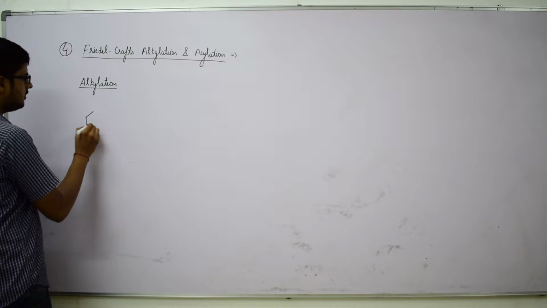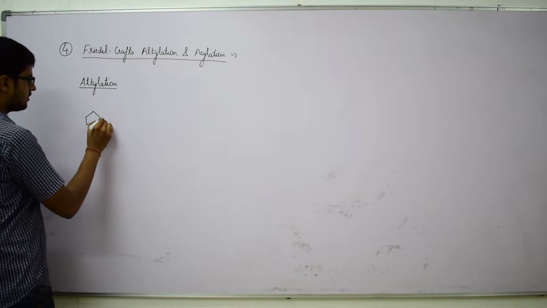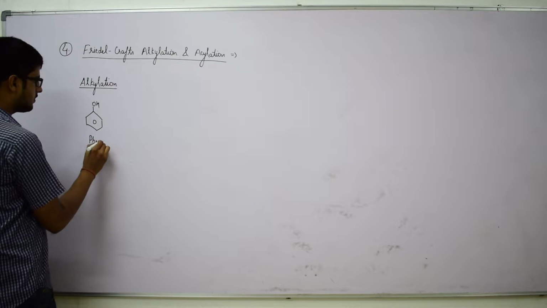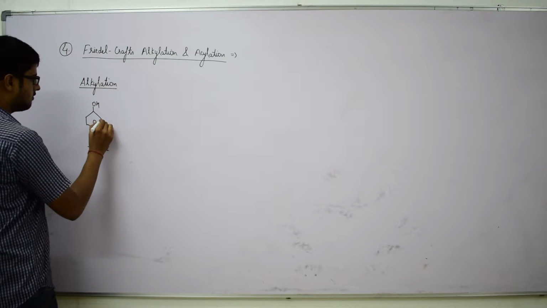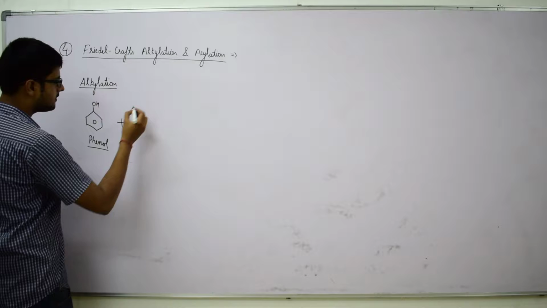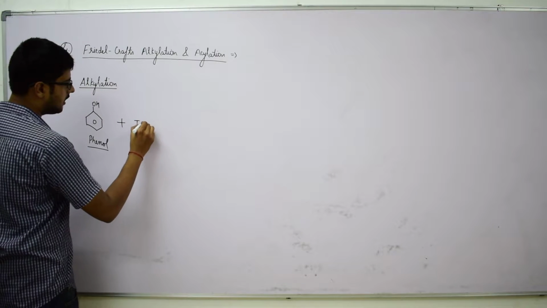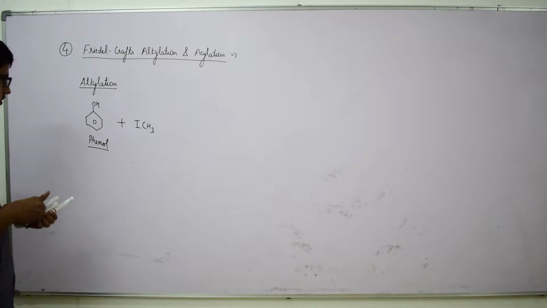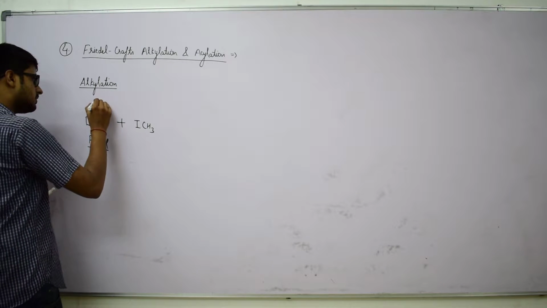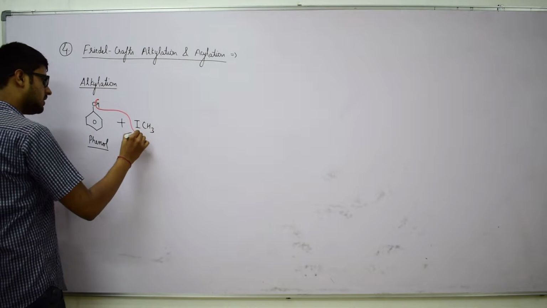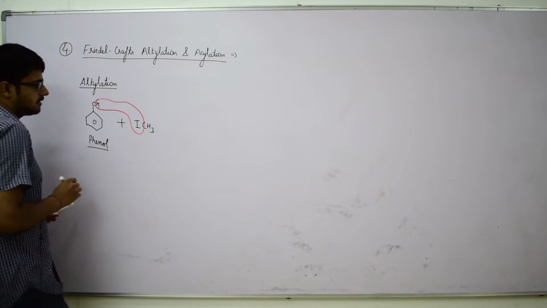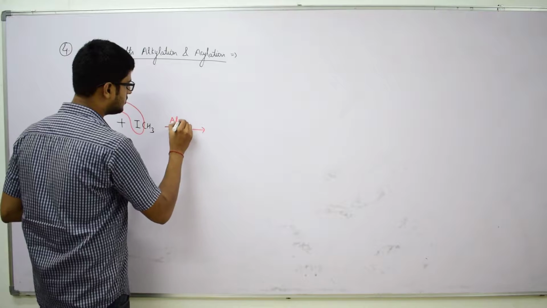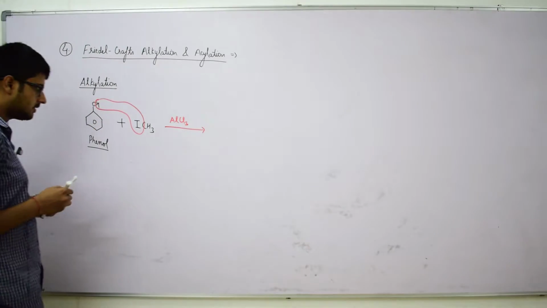So, when phenol is treated with iodomethane, that is CH3I, HI is eliminated and the reaction takes place in the presence of aluminum chloride.